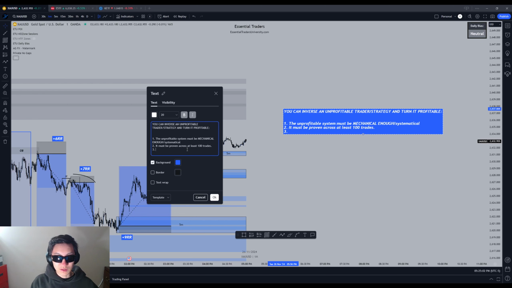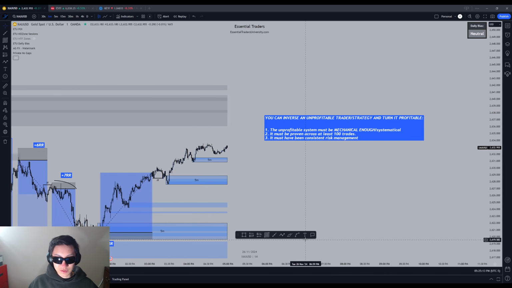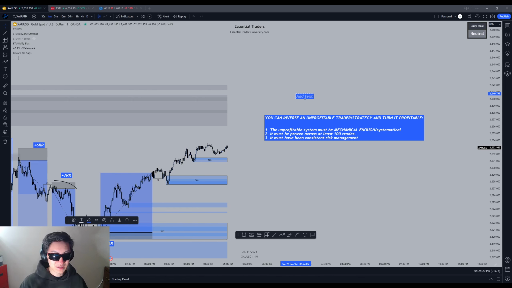So, it has to be mechanical enough, systematical, must be proven across at least 100 trades, and it must have consistent risk management. Meaning, the person that did this cannot be risking 1% for one trade and then all of a sudden risk 5% next trade, or have their risk management all over the place.